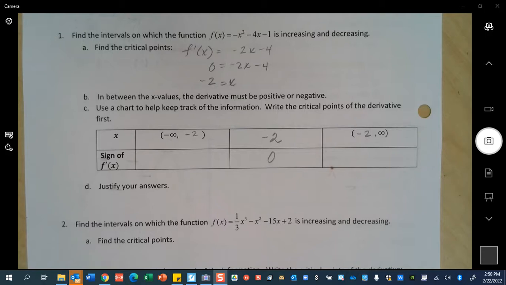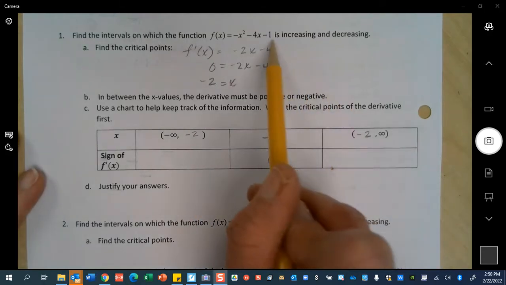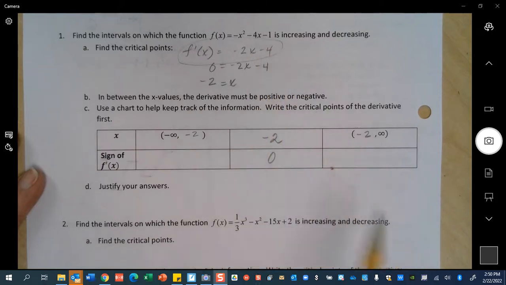So what I have to do now is look at the derivative of my function, and I'm going to choose a point on this side of negative 2. Call one out. Negative what? Okay, -3.